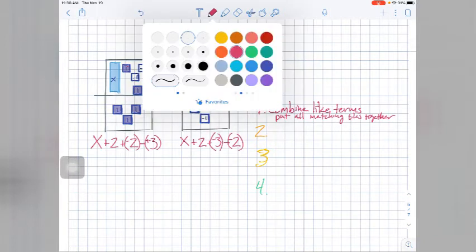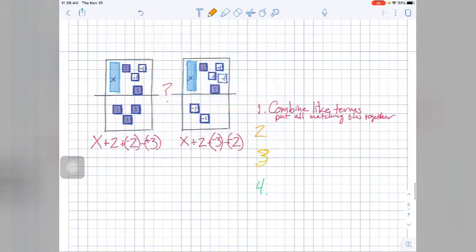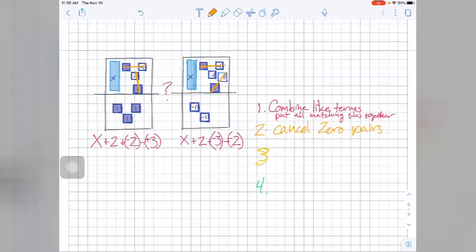So our next simplifying move, part of combining like terms, is when we cancel 0 pairs. I'm actually going to cut that and just bring it up a little bit. When we cancel 0 pairs, that is when we find two like terms that we put together, and they make a 0. So there you see I just put all of the different tiles that are on the same side together, and then the other one is when I take 2 of the same tile on the opposite side.